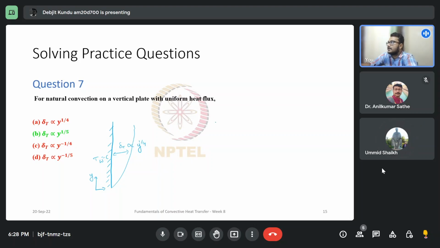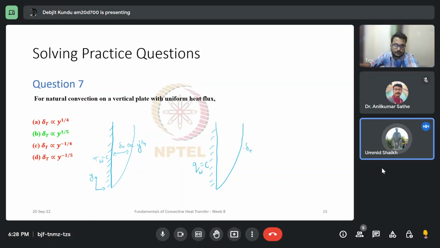Now, in the other case, when the heat flux is made constant and not the wall temperature, by scaling analysis it was shown in the last lecture of week 8 that this delta T would be proportional to y to the power 1 by 5. It was shown using scale analysis only. I guess in week 9, similarity solutions of these cases will also be discussed.